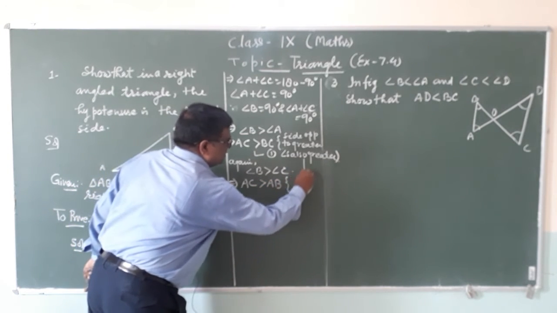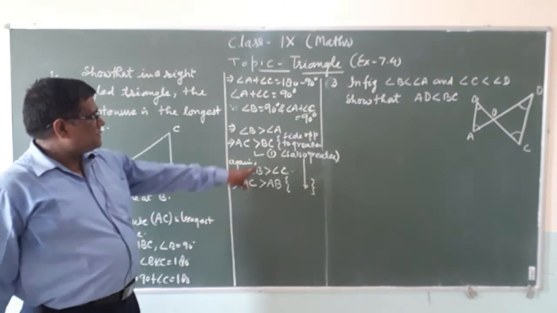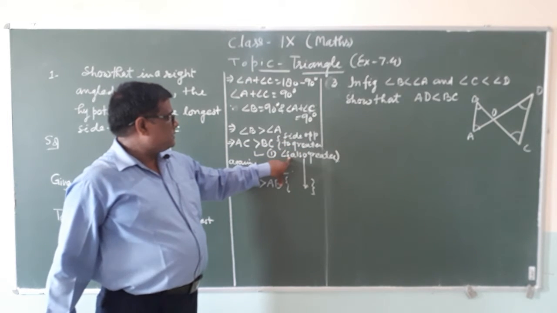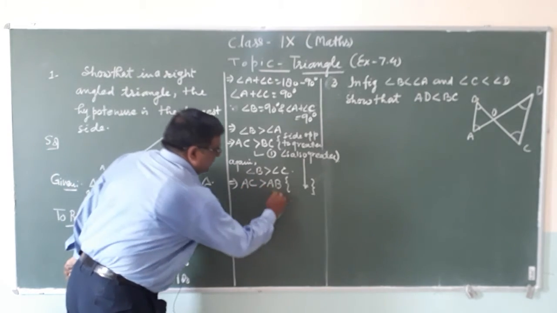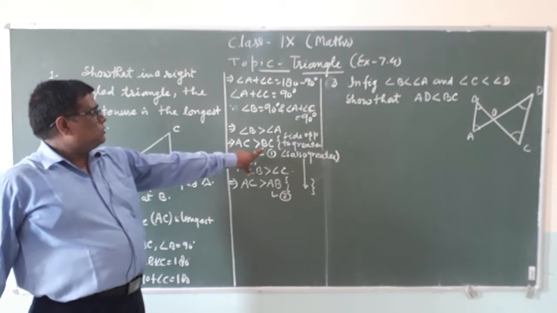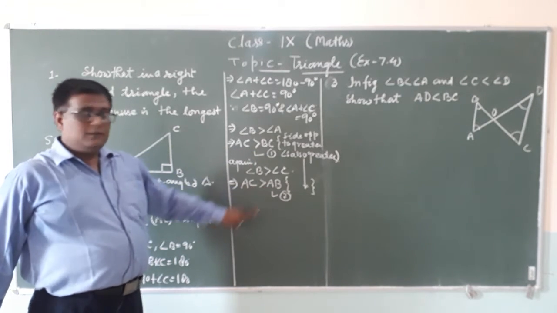And our criteria is this criteria: if the side opposite to the greater angle is also greater. So from equation 1 and 2 we see that AC is greater than BC and AC is also greater than AB.